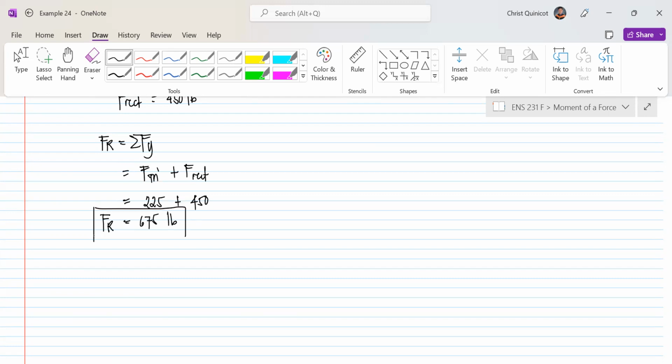This is the magnitude of our resultant force.